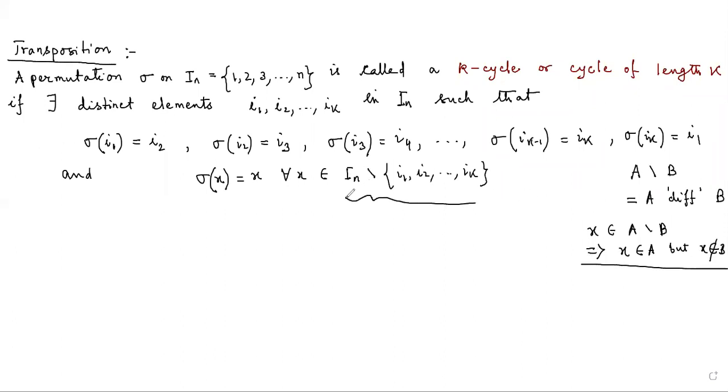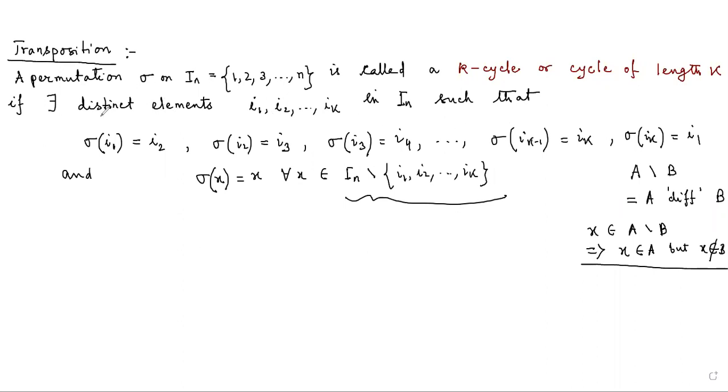So sigma x will be x for all x which are in In, but not in this particular set. This particular set has been subtracted from the original one, that is In.